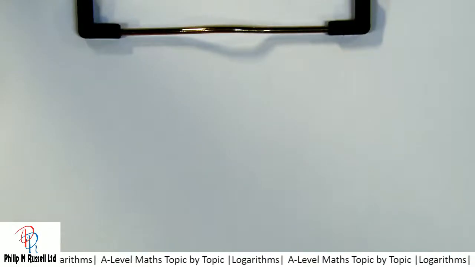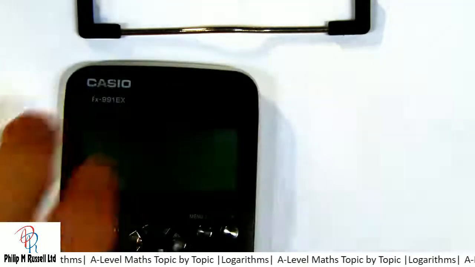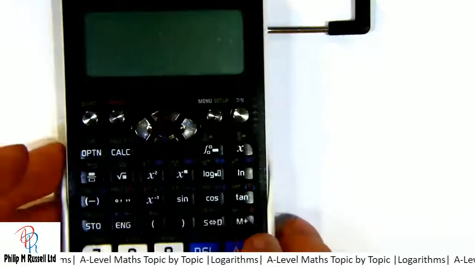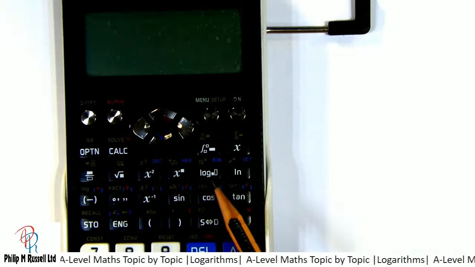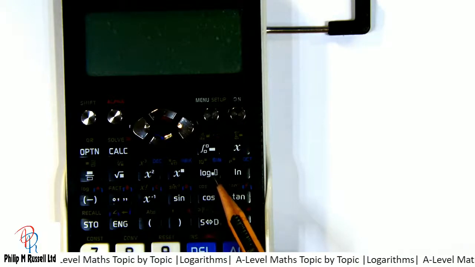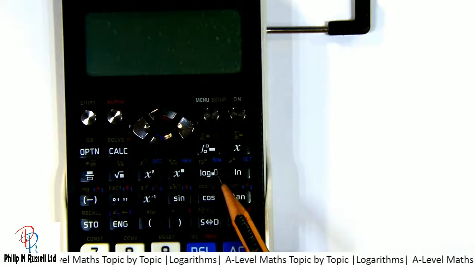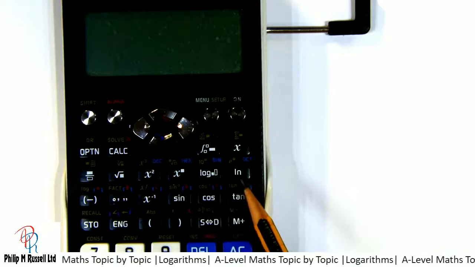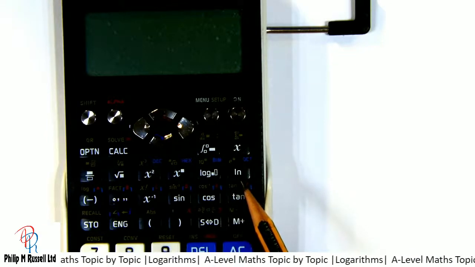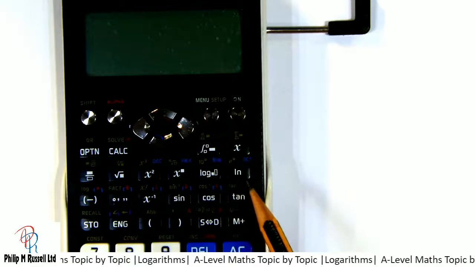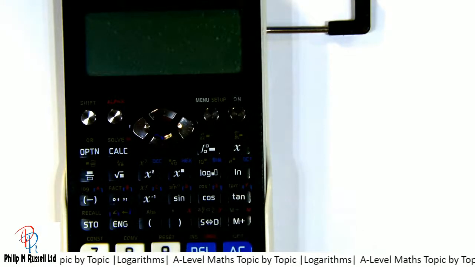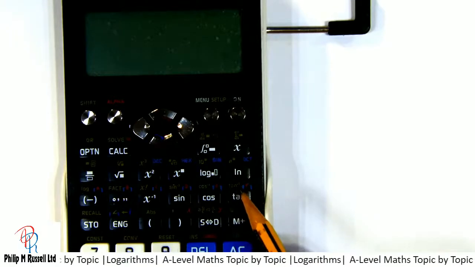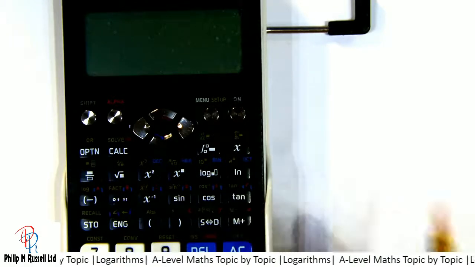When we come around to play with logs, we notice on our calculator that there are two specific log buttons. We've got log here of any base to any number, and then we've got this one, ln, a different sort of log, and these are either natural logs or sometimes called Neperian logarithms.